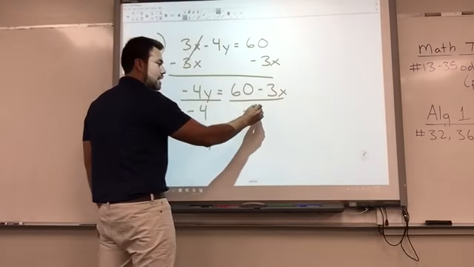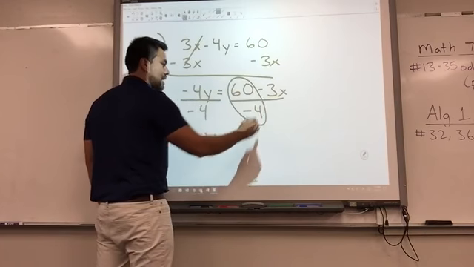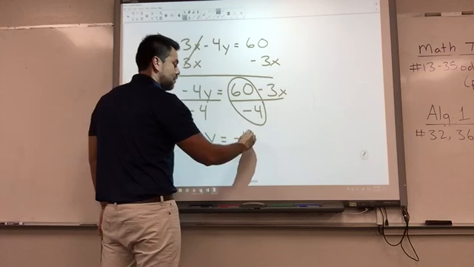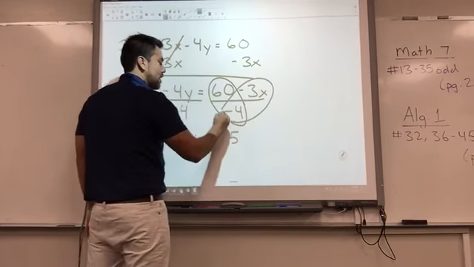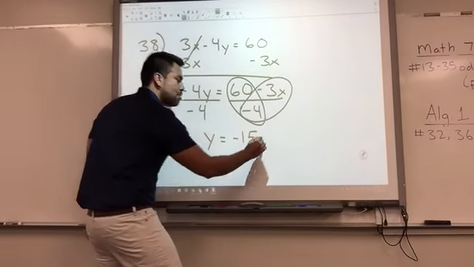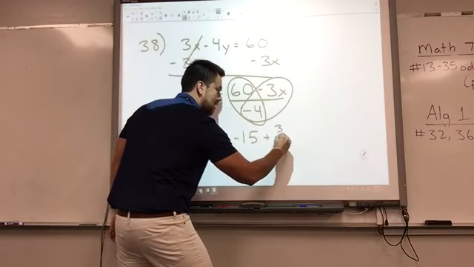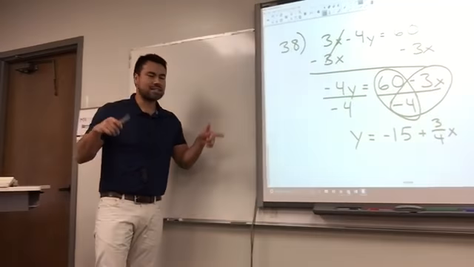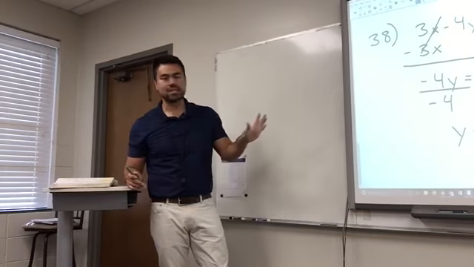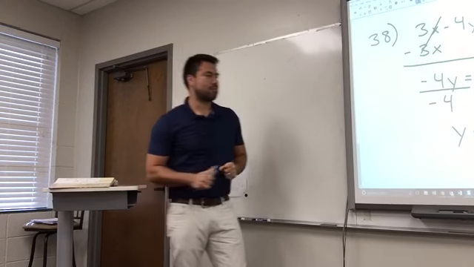What's 60 divided by negative 4? Negative 15. And then what's negative 3x divided by negative 4? It's positive 3/4 x. Or you could say positive 3x over 4. It's the same thing.